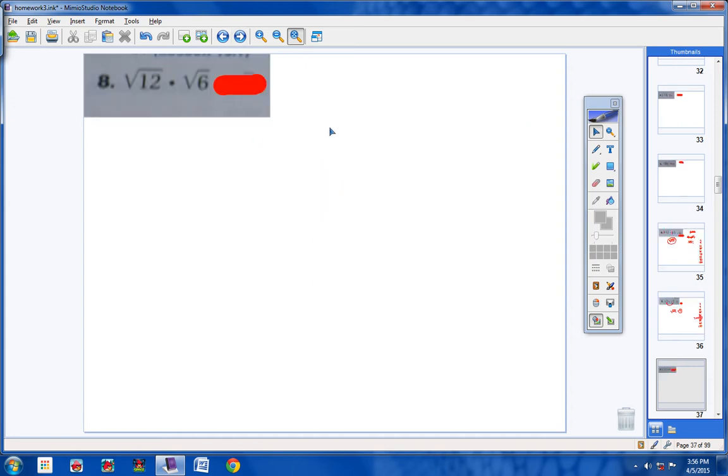Okay, number 8. Square root of 12 times square root of 6. Inside number times inside number, square root of 72. Now, let's see if any of these numbers go into 72 evenly. 4 goes into 72 evenly.